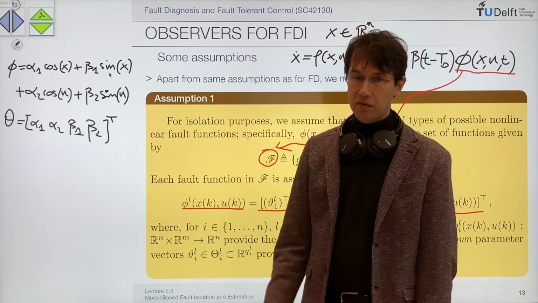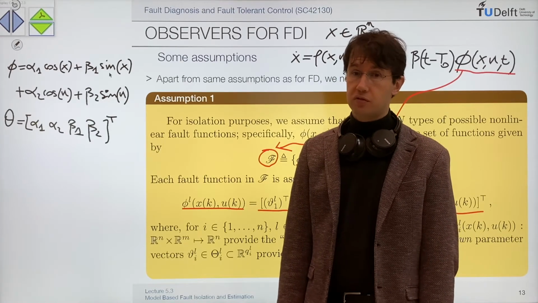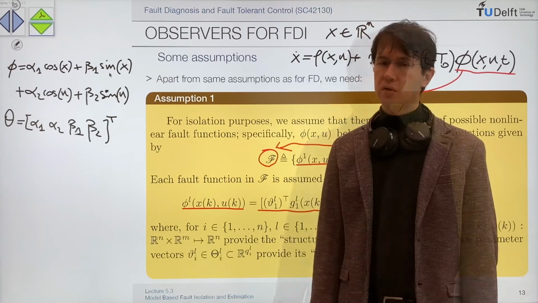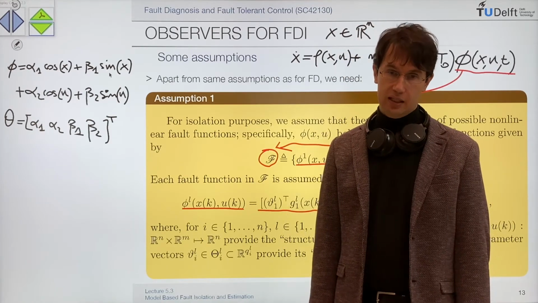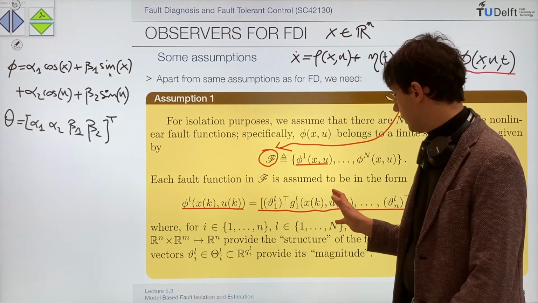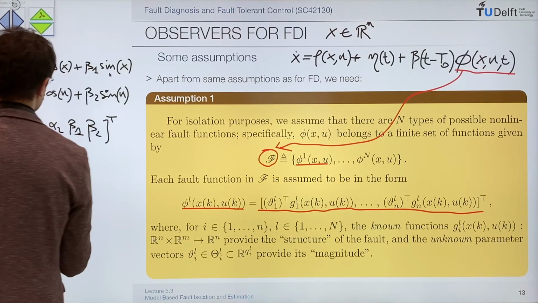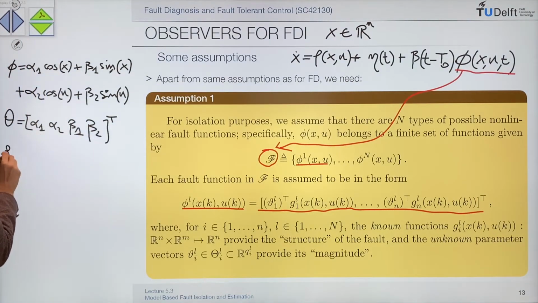So the behavior of your fault can be something that you can model using first principles, and we're going to see later some examples. By the way, in this case, the function g is going to be a vector itself with these components.